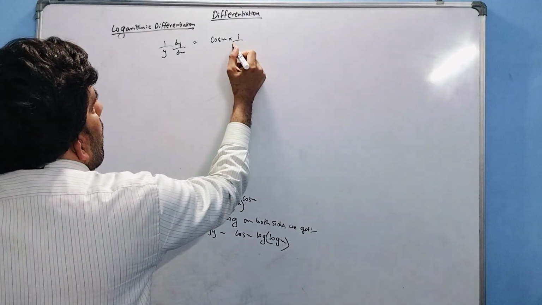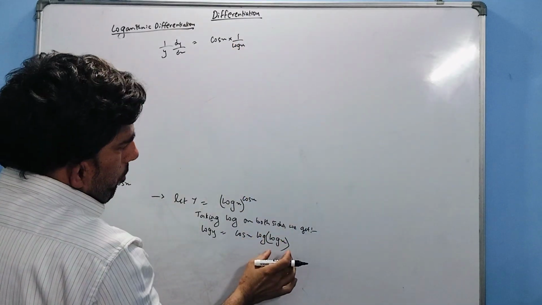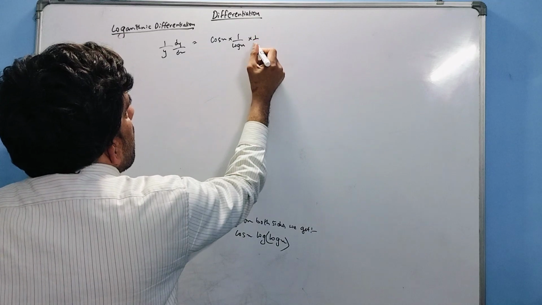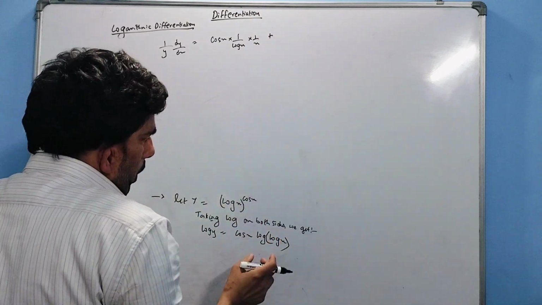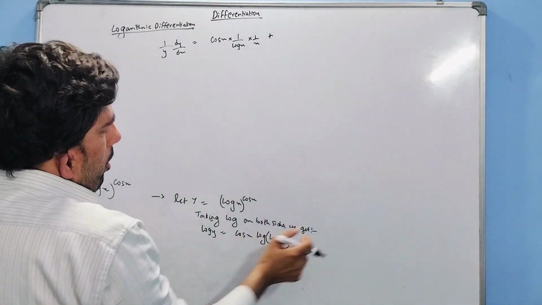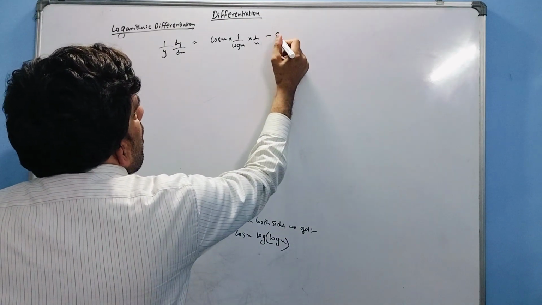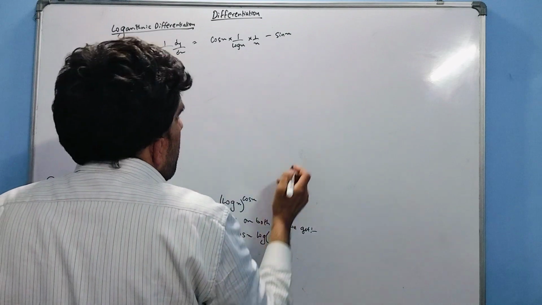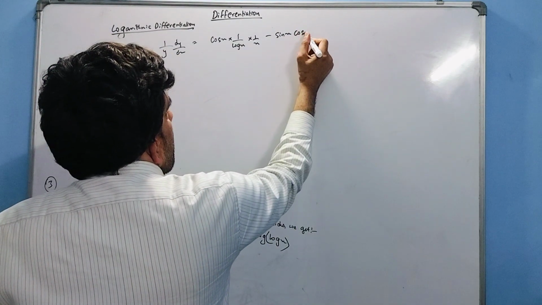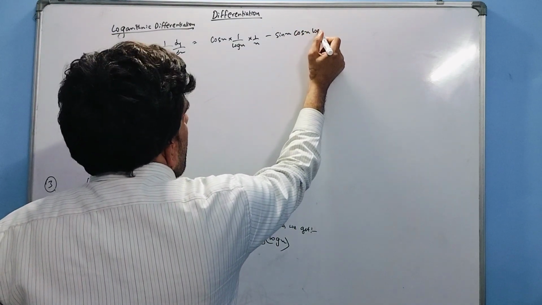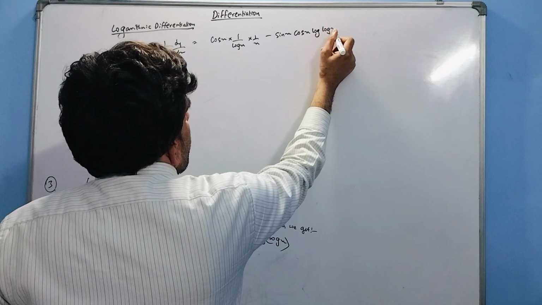It will be 1 upon log x, and differentiation of log x will be 1 upon x. Plus we have, now leave this, differentiation of cos x will be minus sin x. So I am writing it directly: minus sin x times cos x log of log x.